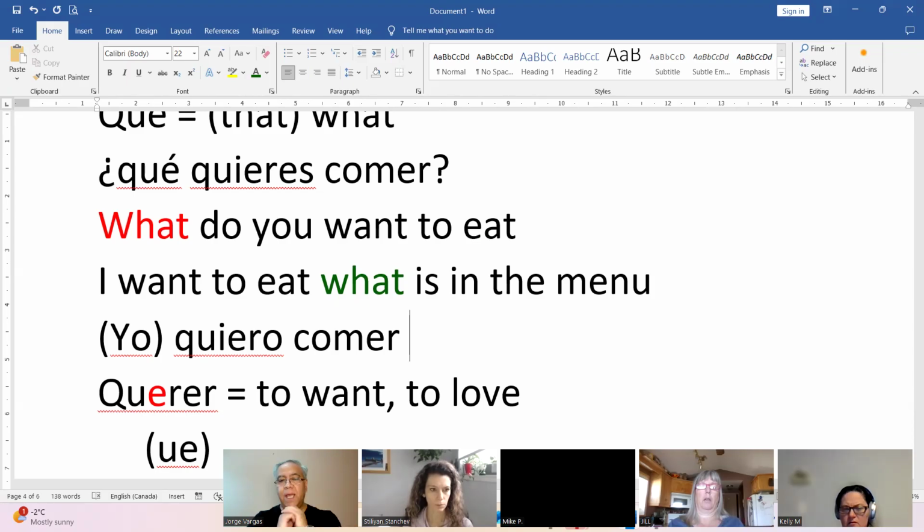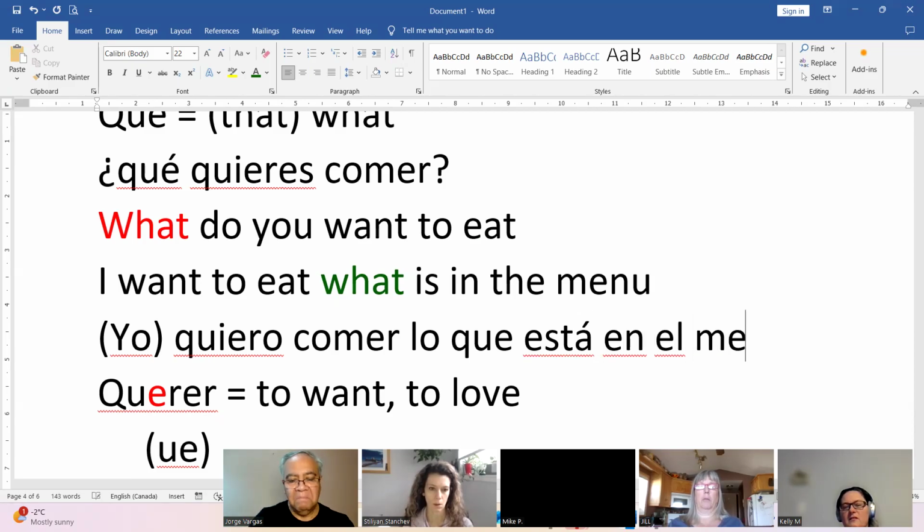When what is part of a statement, you must include lo que. Lo que está, is temporary, lo que está en el menú. Quiero comer lo que está en el menú.